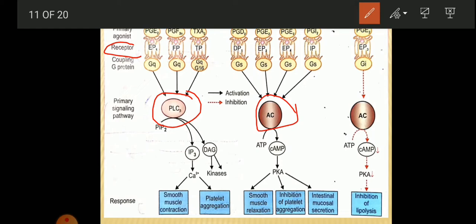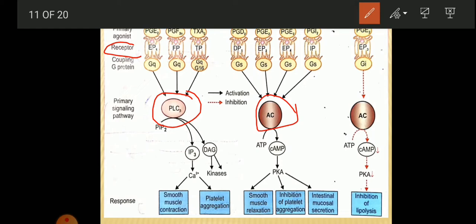This second messenger, cAMP, causes responses like smooth muscle relaxation, inhibition of platelet aggregation, and intestinal mucosal secretion through the protein kinase pathway.